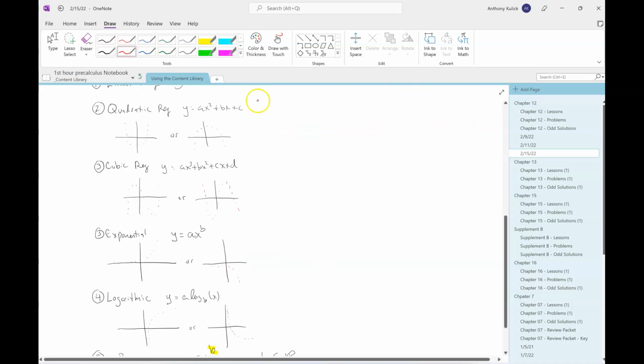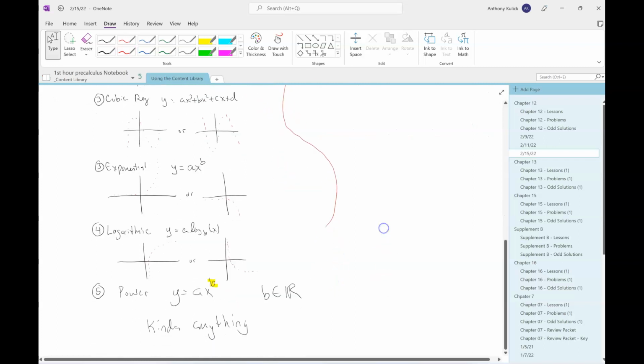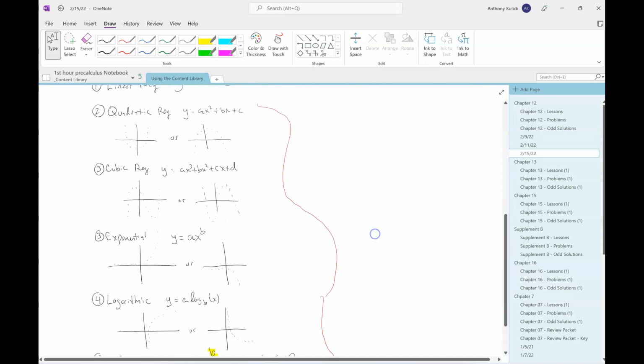For these other ones that are not linear, we use what's called the coefficient of determination. Which is an R squared value.